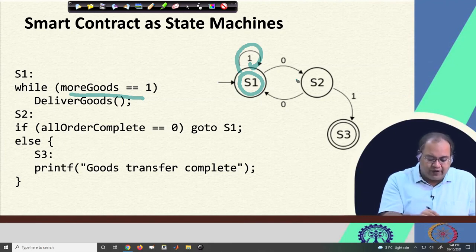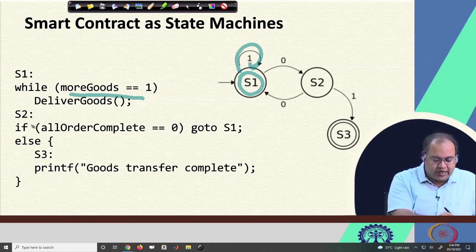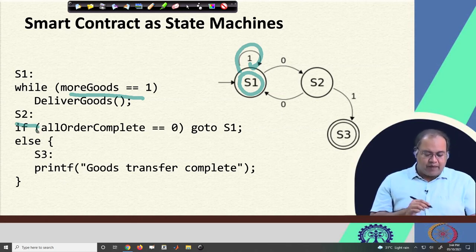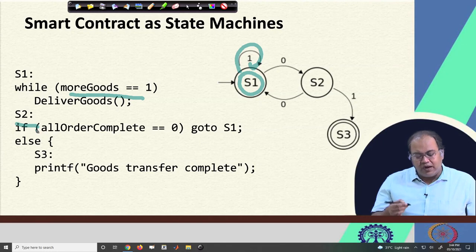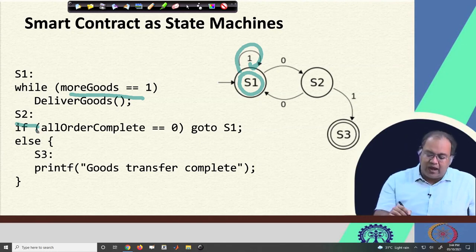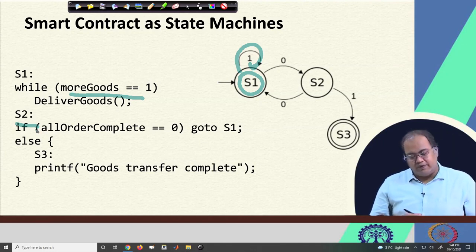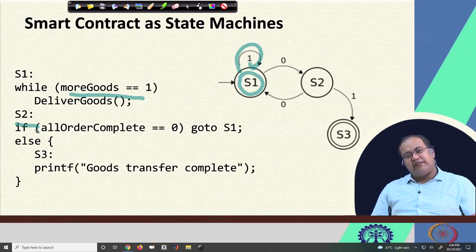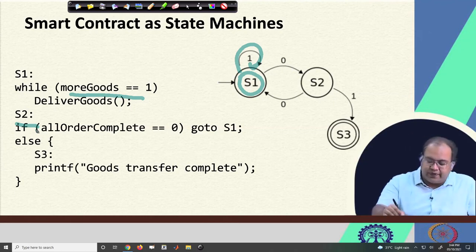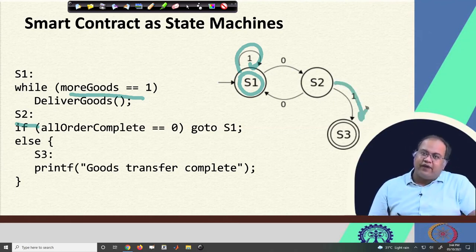After I have delivered the good, that means I have reached state 2. Whenever I am at state 2, I will check whether all orders are complete or not. If all orders are not complete, then I move back to state 1, and if all orders are complete, then I move to the final state, which says that all orders are complete.